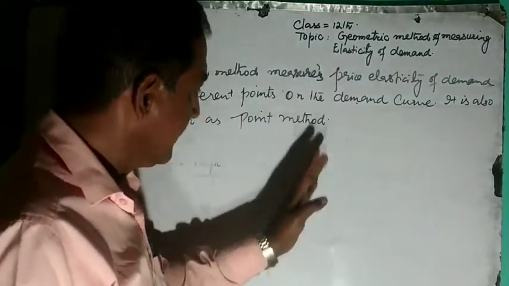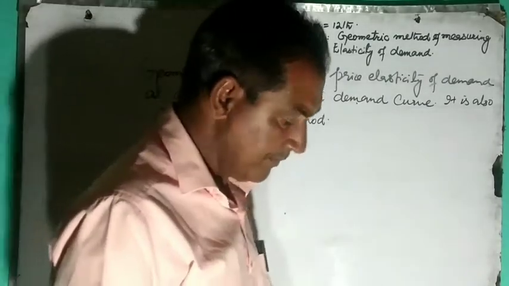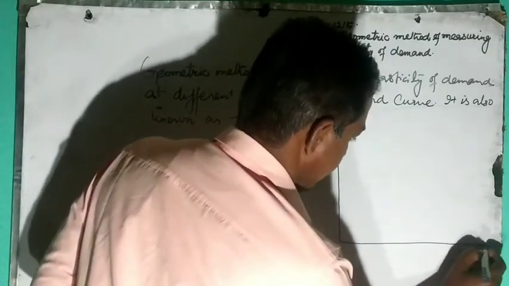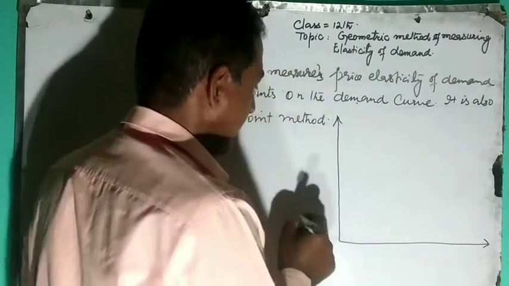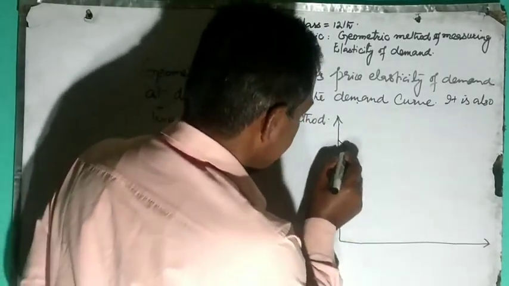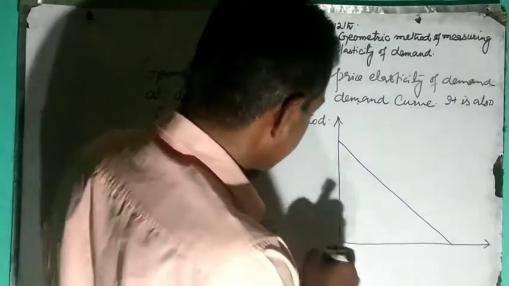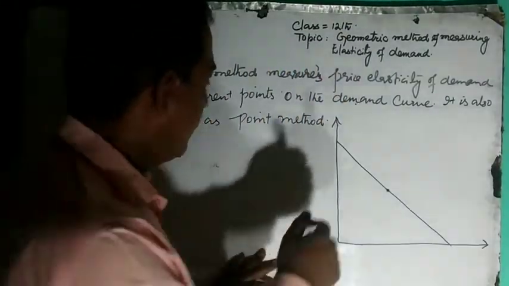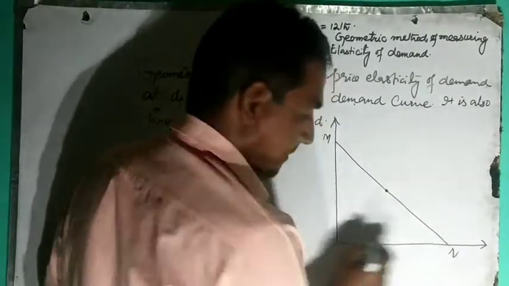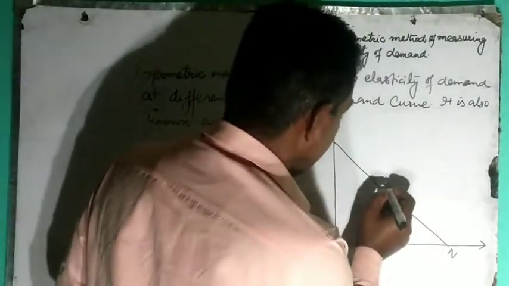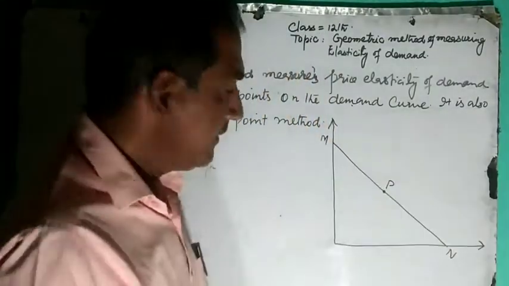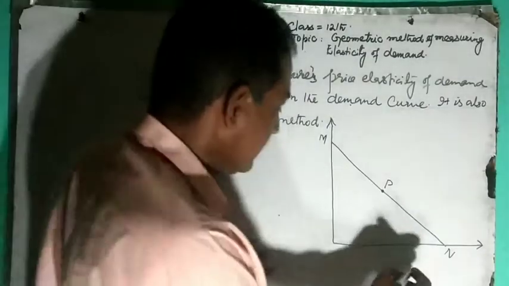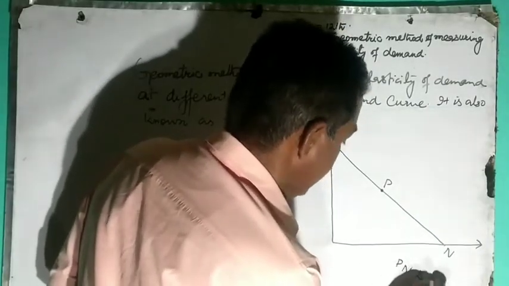We have to draw a demand curve. If our demand curve is Mn, and P is a point on the demand curve, this P divides the demand curve Mn into equal parts, that is Pn and Pm.